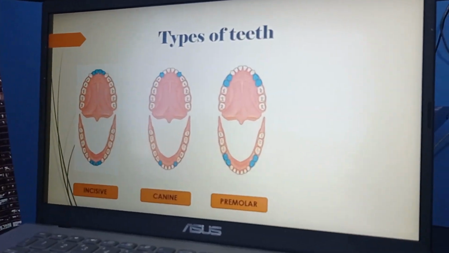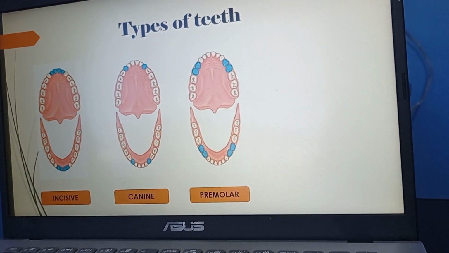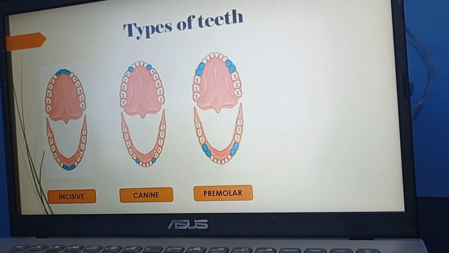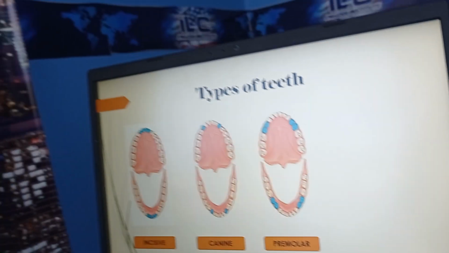There are two on the top and two on the bottom. The next are the premolar teeth. There are 8 premolar teeth, four on the bottom and 4 on the top. They are located behind the canines and before the molars.